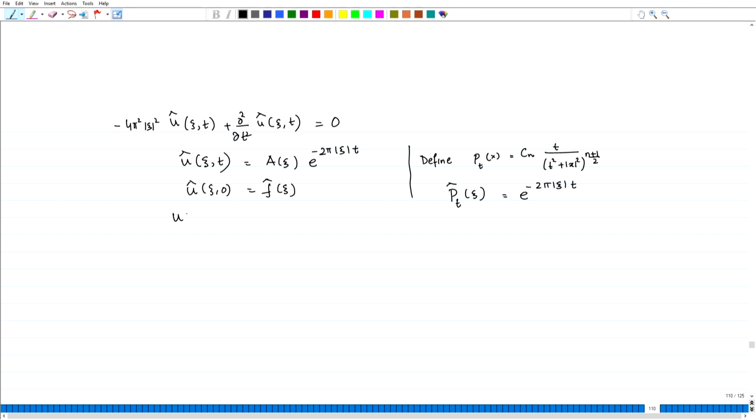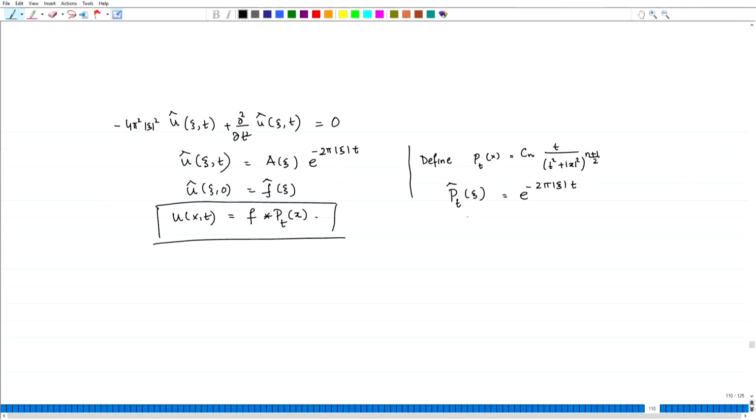Then u of x comma t is equal to f convolution p t at x. That is going to be the solution of the steady state heat equation, or for that matter the Dirichlet problem on the upper half plane.